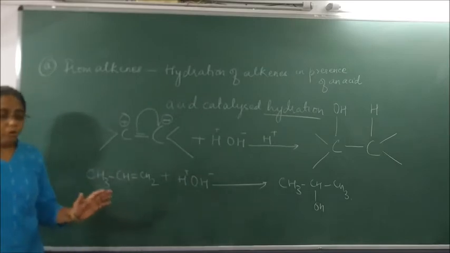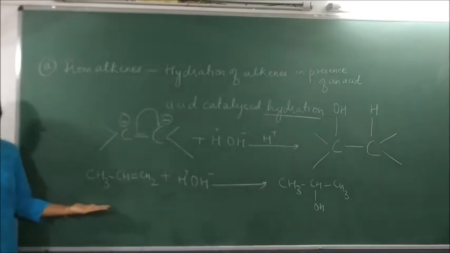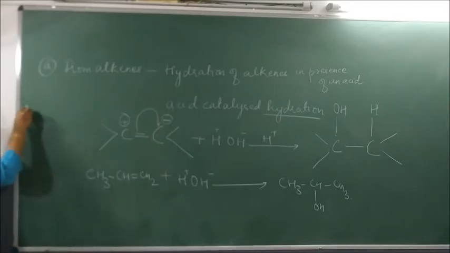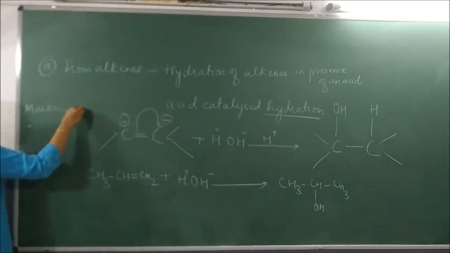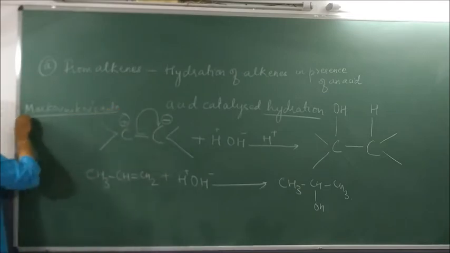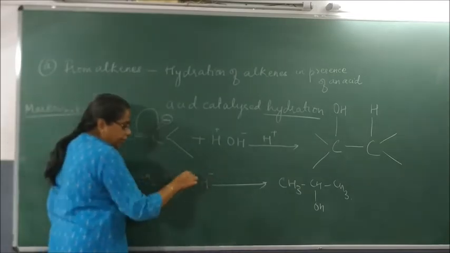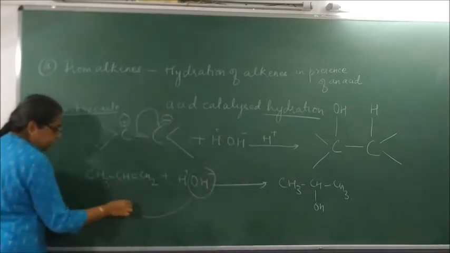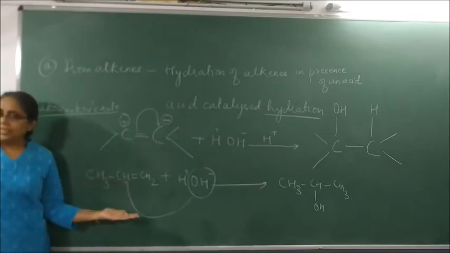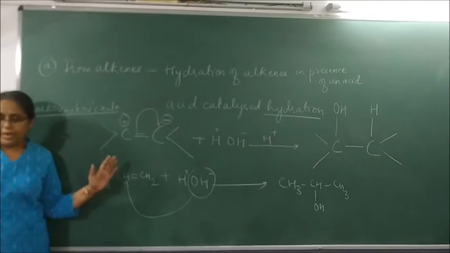Done. So always write: addition of water to an unsymmetrical alkene follows Markovnikov's rule. What is Markovnikov's rule? The negative part of the reagent goes and attaches itself to that carbon across the double bond which has the least number of hydrogen atoms.